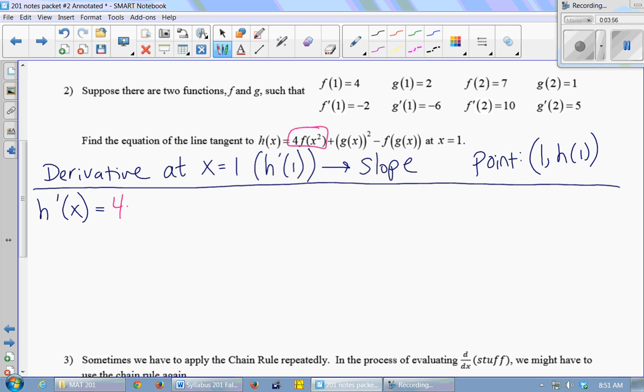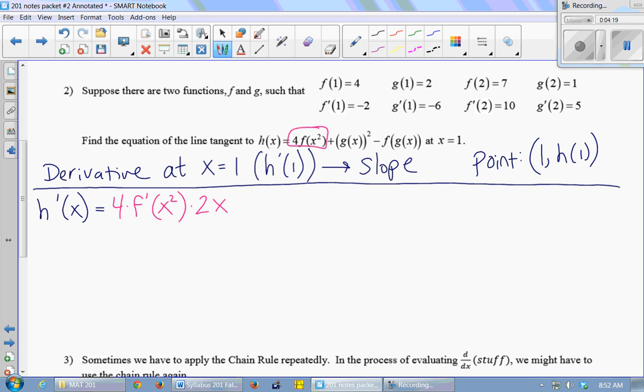F, and my inside function is x squared. Okay, so if I'm going to follow the chain rule, I have to take the derivative of the outside function evaluated at the inside function. So I'd have f prime of x squared times the derivative of the inside function, which is 2x. Yeah, the derivative of x squared is 2x.